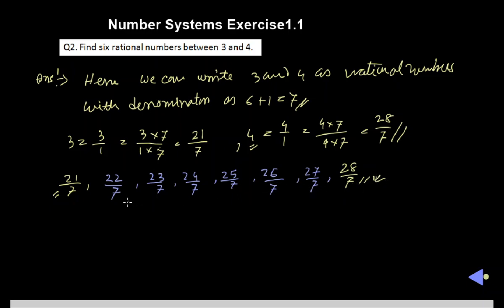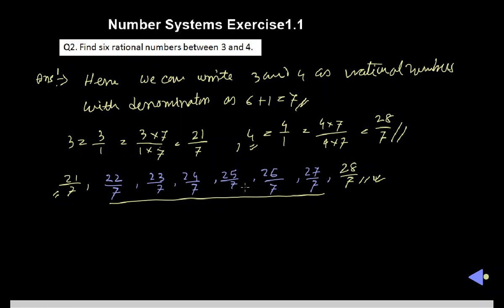Now the question should arise, why are those values different from what we got in the earlier case? The difference is, as I already told you, the number of rational numbers in between any two integers or any rational numbers is infinite.